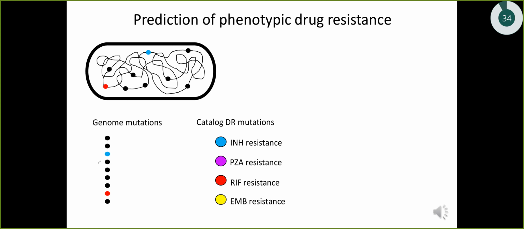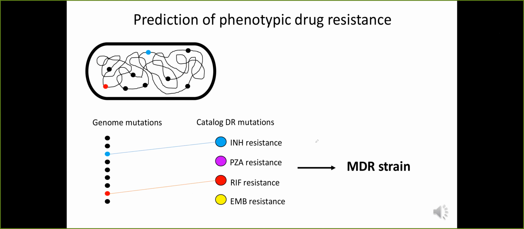And now we can see, okay, this bacteria has this mutation that, when I look in the catalog, confers isoniazid resistance, and also has this mutation that, when I look in the catalog, confers rifampicin resistance. So I'm pretty sure this bacteria is an MDR strain, and thus it will be resistant to both isoniazid and rifampicin. Depending on what I'm doing, either research or taking clinical decisions, I now have this valuable information based on whole genome sequencing.